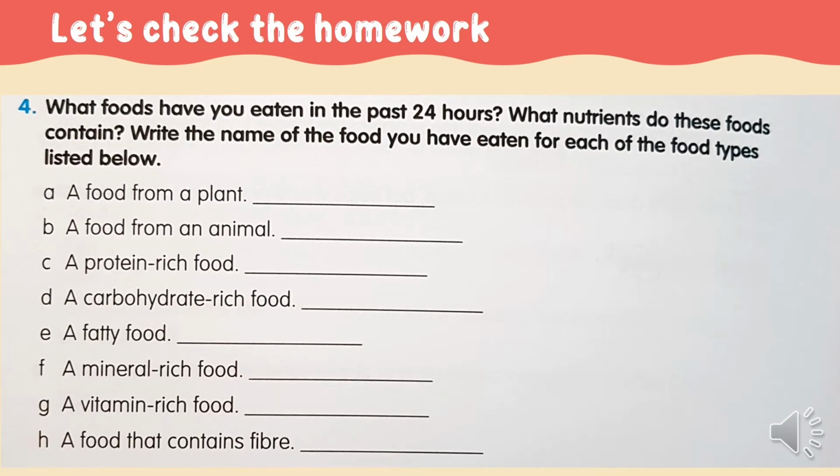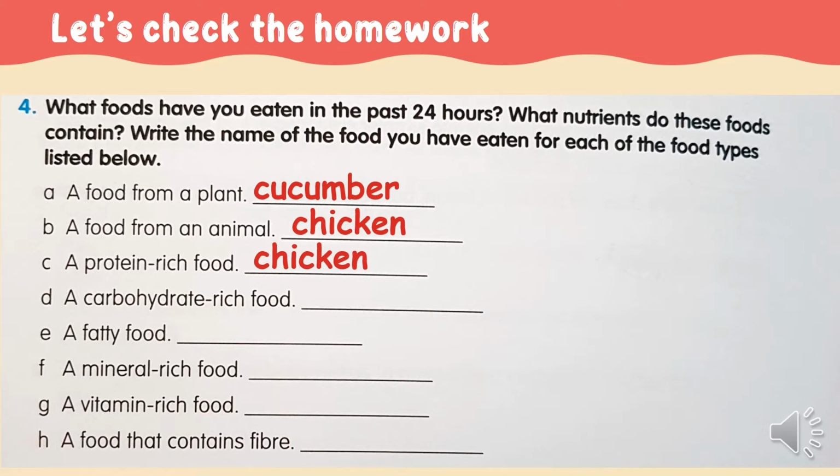So the last one, they've asked you to think of the foods you have eaten in the past 24 hours and what nutrients these foods contain. Write the name of the food you have eaten for each type of food. So a food from plant. I've written cucumber. You can write any food which you have eaten from the plant. A food from animal. I've written chicken. A protein rich food. I can write chicken again because chicken is rich in protein.